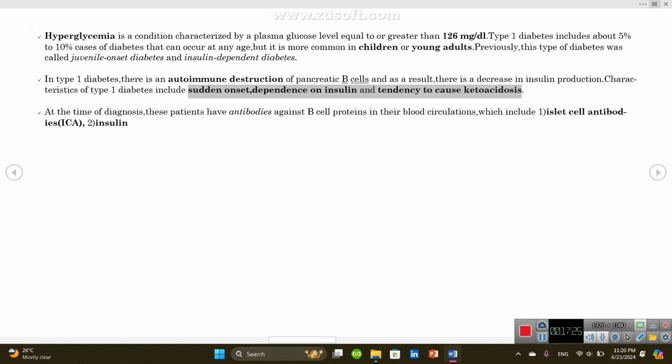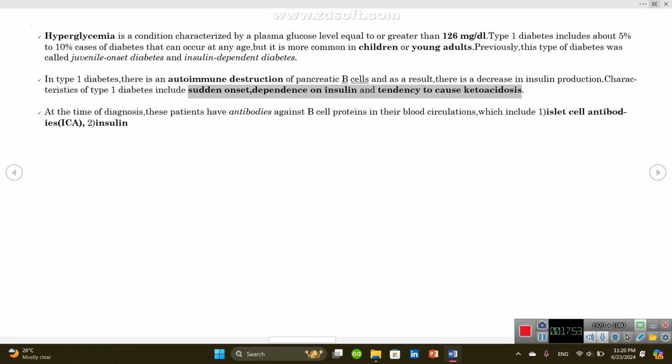So diabetes type 1 is a disorder of autoimmune destruction in which the immune system identifies beta cells as foreign cells, not familiar to the body.